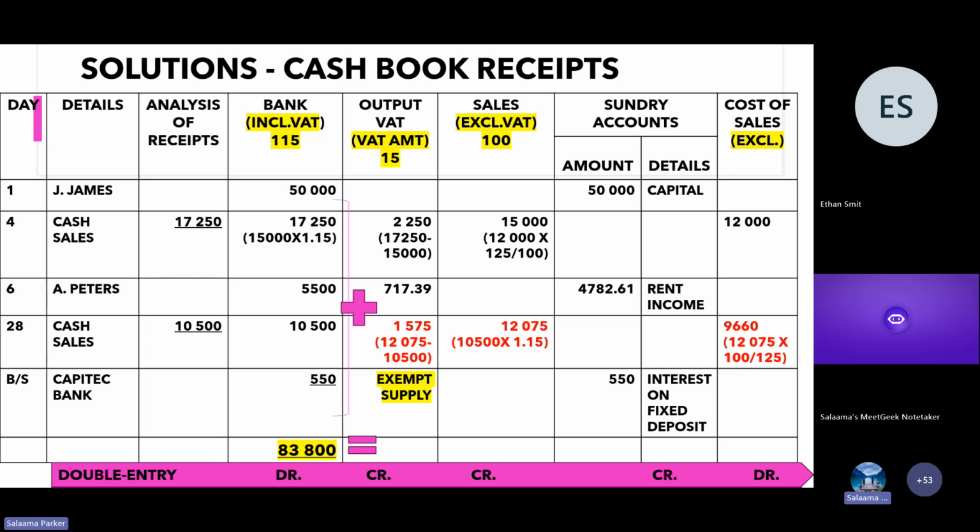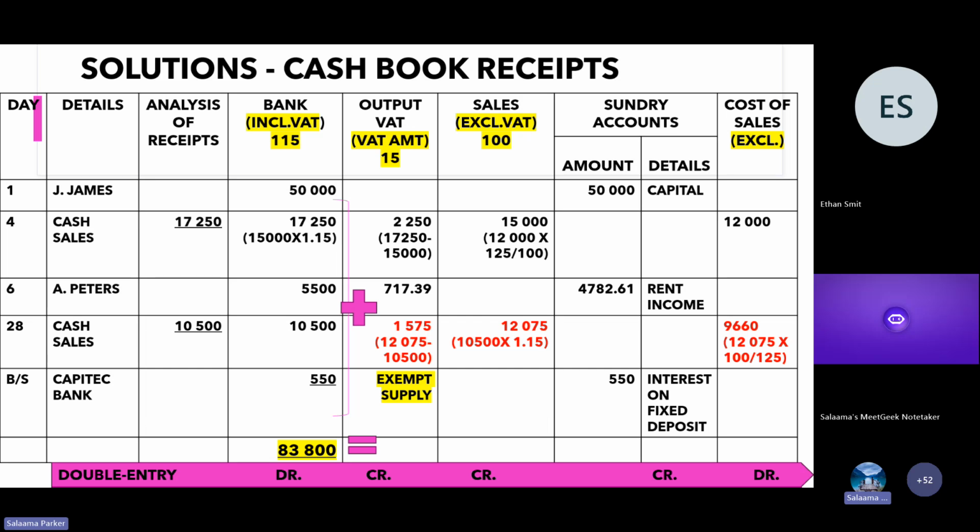Then, very important, the instructions told us that we needed to total the bank column. When we total it, it means we need to add up all these amounts in the bank column. The reason we need to add them is because we need to post this bank amount to our general ledger.